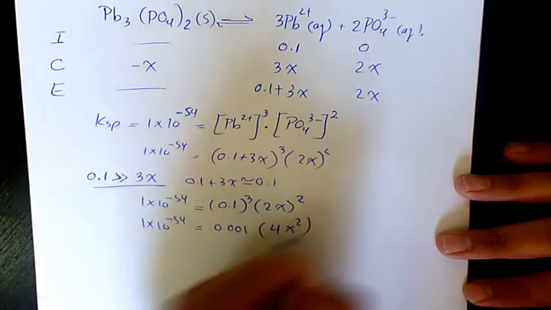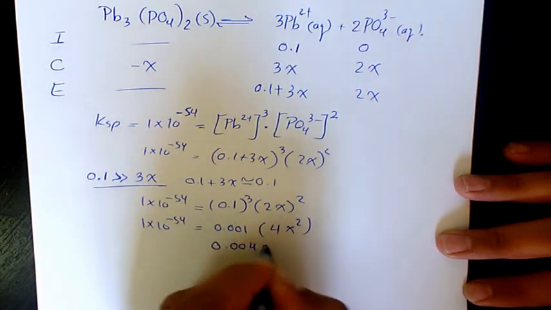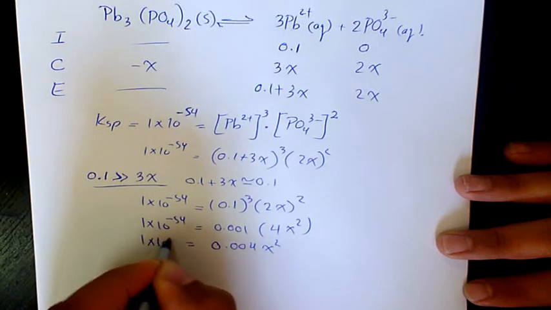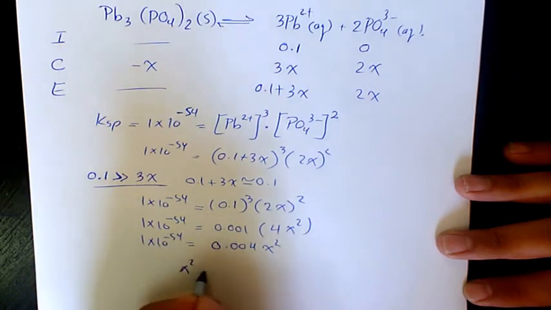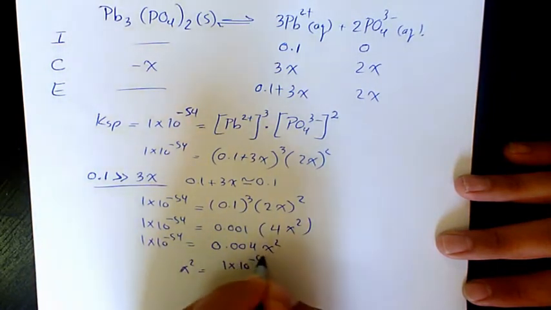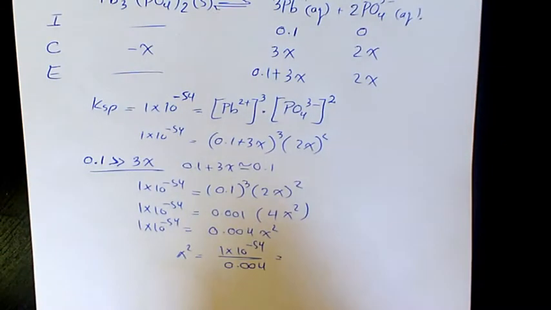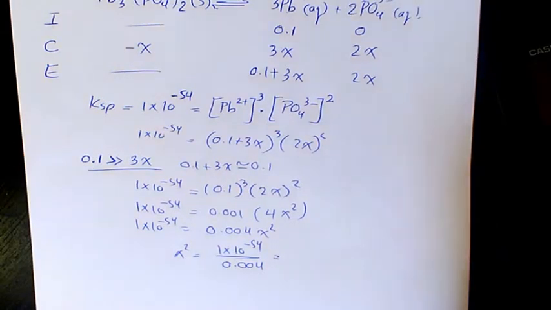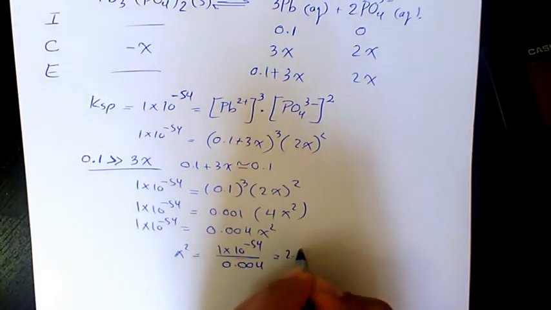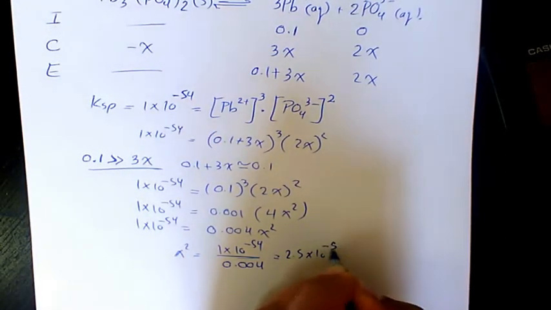X squared, so it's going to be 0.004 x squared, equal to 1 times 10 to the power of negative 54. So x squared equals 1 times 10 to the power of negative 54 over 0.004. So that's going to be equal to 2.5 times 10 to the power of negative 52.